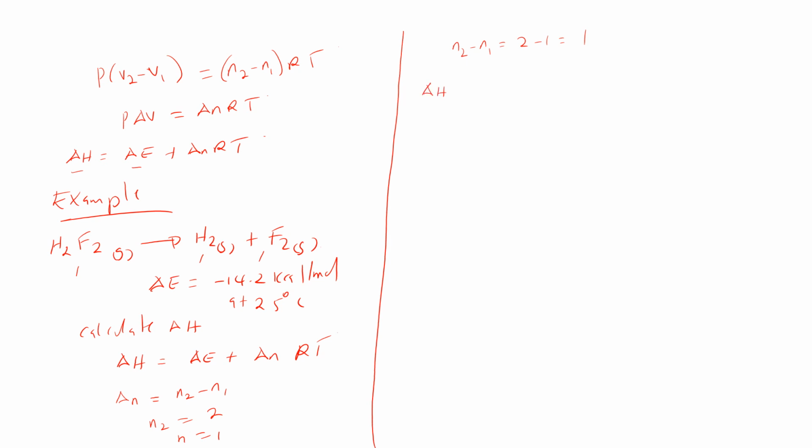We know that delta H is equal to delta E plus 1, which is delta N, times 1.987, that is our R value, times 298, dividing by 1,000 so that we get our answers in kilocalories.